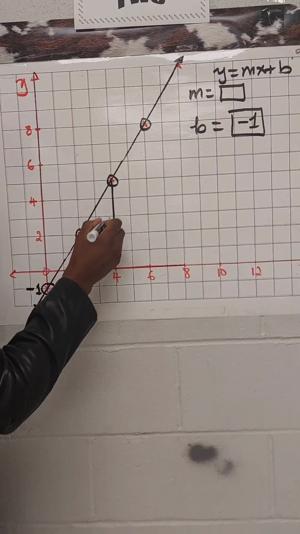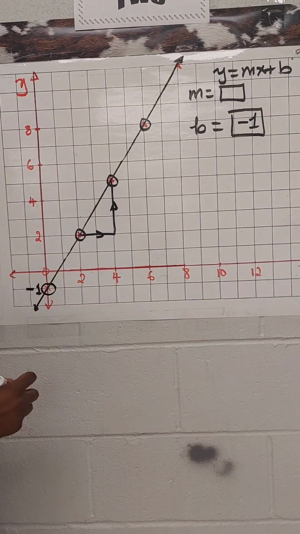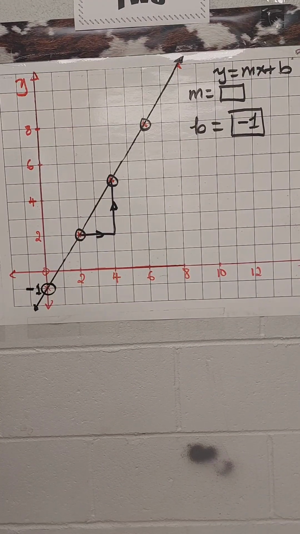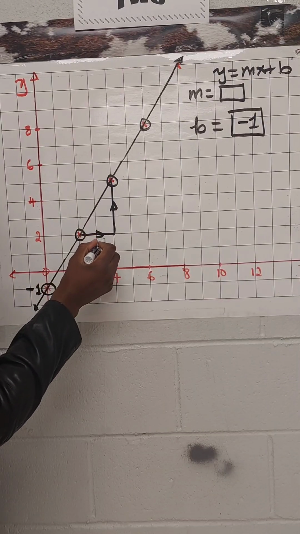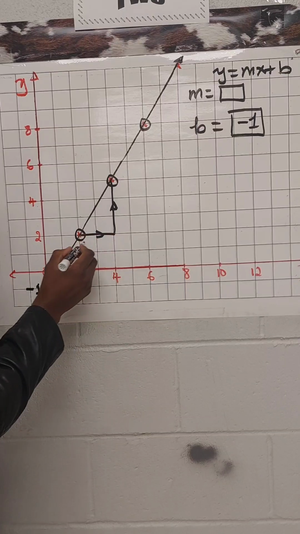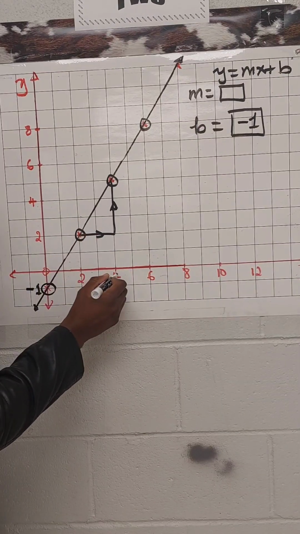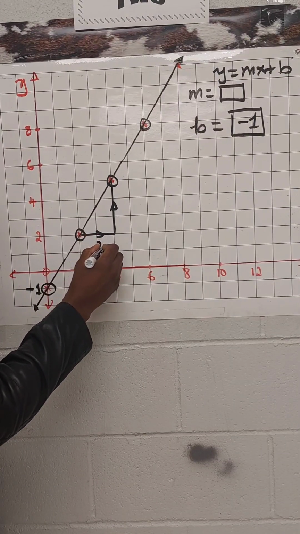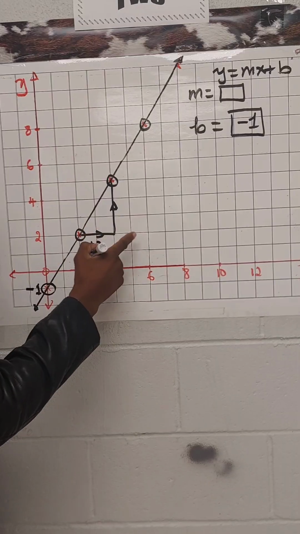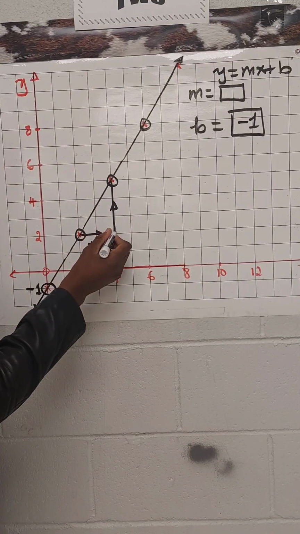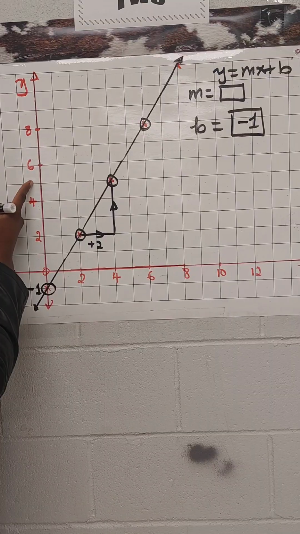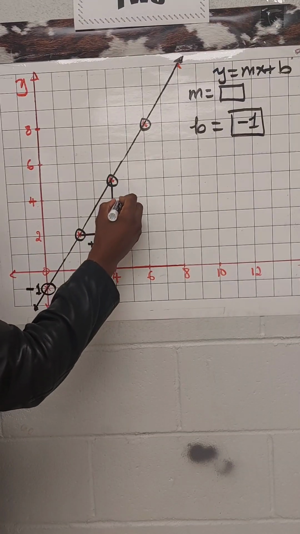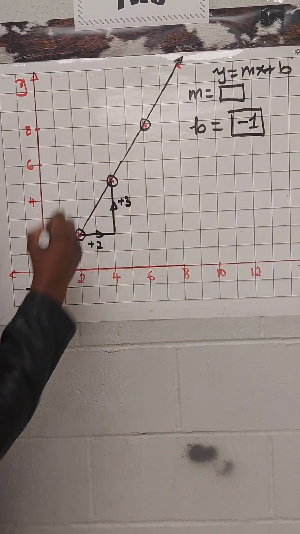Then if I am traveling from this point to this point, and I have to use a run and a rise, then I'm making a run from 2 to 4, which is 2 units, +2 units because I'm going to the right. And then from here, I'm going up 3 units. From 2 to 5 is 3 units, so I'm making a rise of +3.